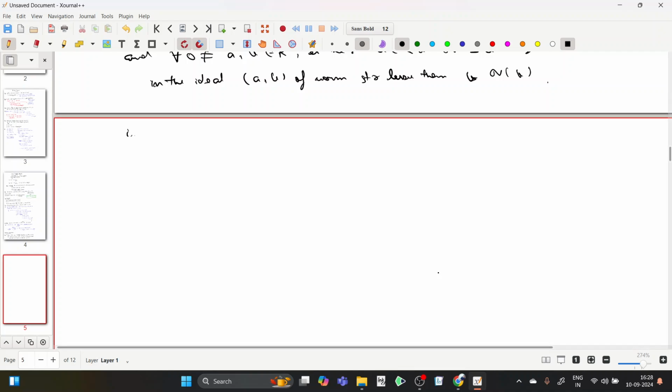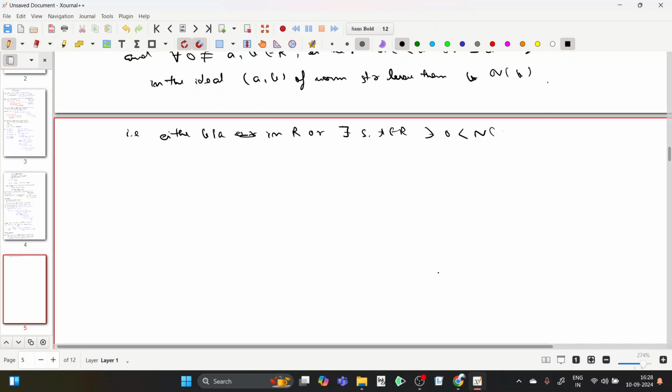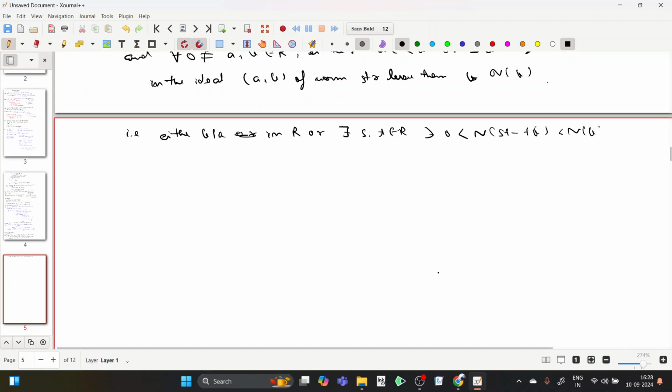That is, either B divides A in R, or there exists an element S, T in R such that 0 is less than the norm of SA minus TB is less than the norm of B. Okay, this is what I am trying to state. Okay, sorry, SA minus TB, extremely sorry, SA minus TB.